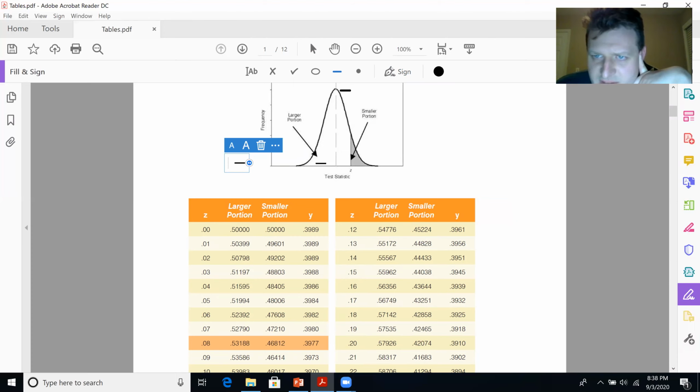I thought I might have had something where I can mark.